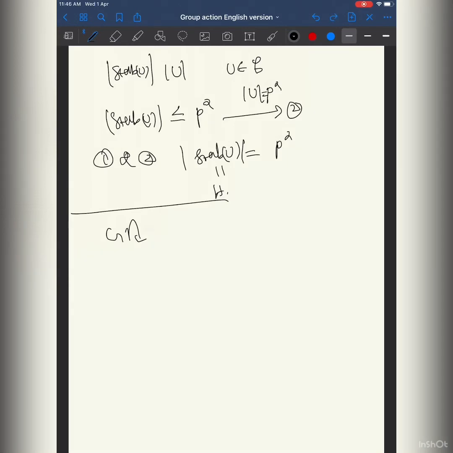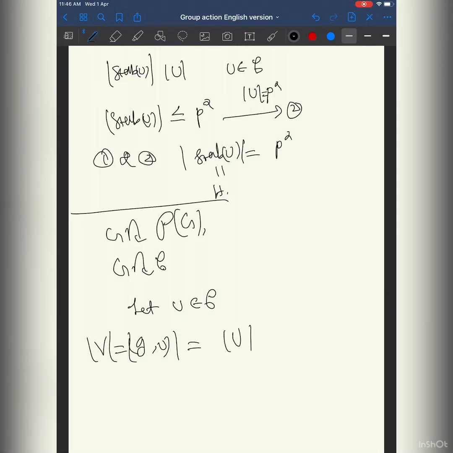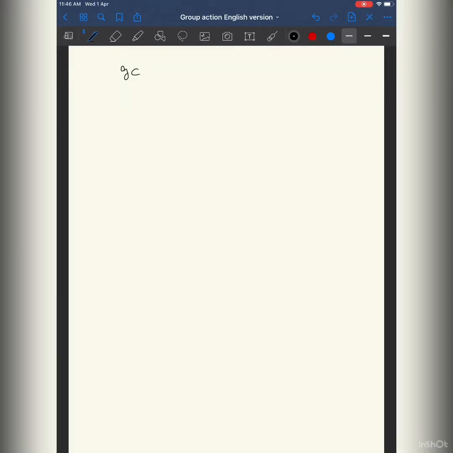G acts on the power set of G. Let U belong to the collection, and let V be the image of U under g. The cardinality of V is the same as the cardinality of U. How? Because V is nothing but gu such that u varies over U and g belongs to G.